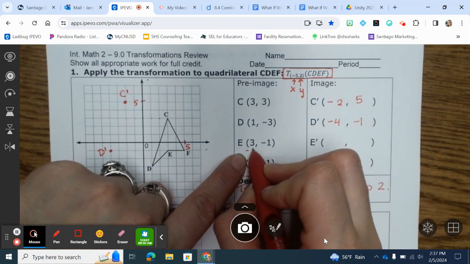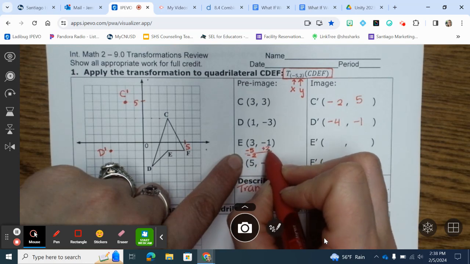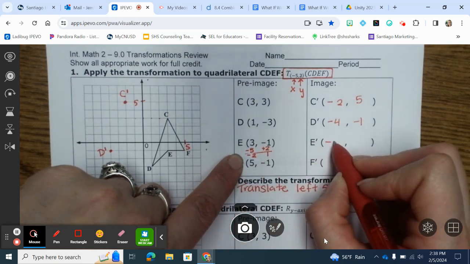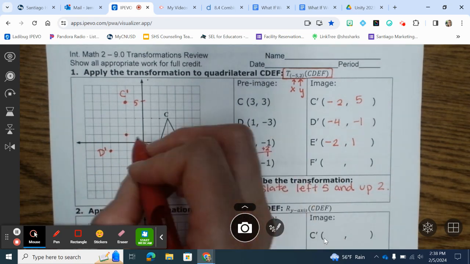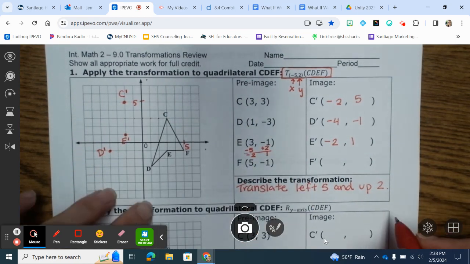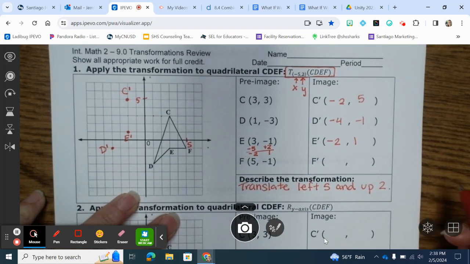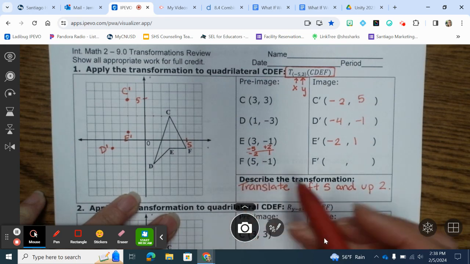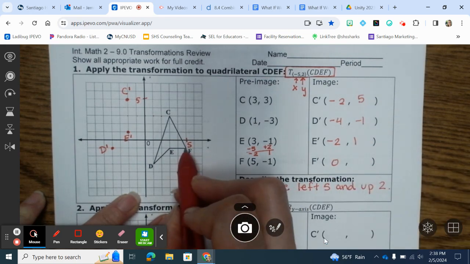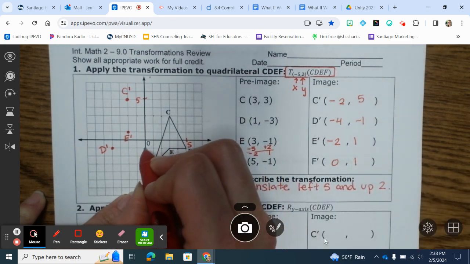So I could subtract 5 to get -2, and I could add 2 to get +1. I could get my coordinates that way and then go left 2, up 1. Here's my new E value. So I can move whichever one I want. For F, if I go left 5, that's going to bring me to 0. And if I go up 2, that's going to bring me to 1. So 1, 2, 3, 4, 5, up 2.